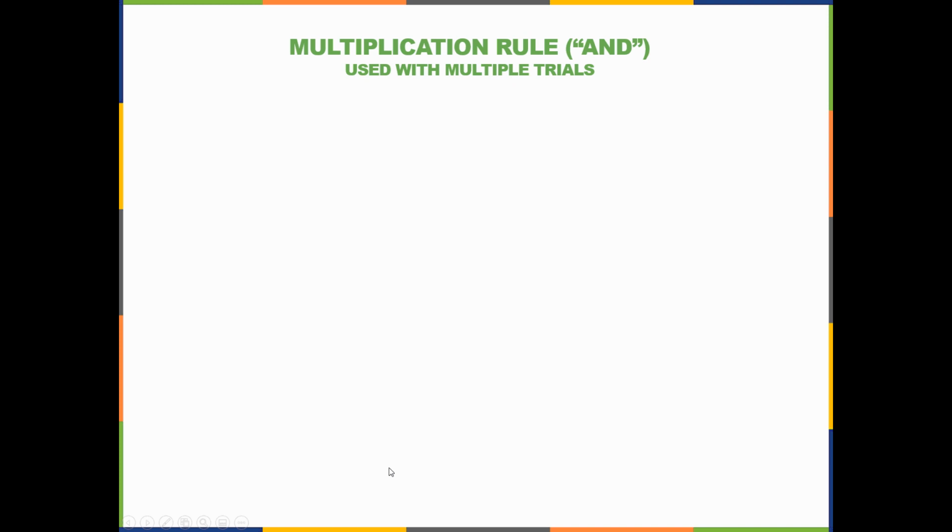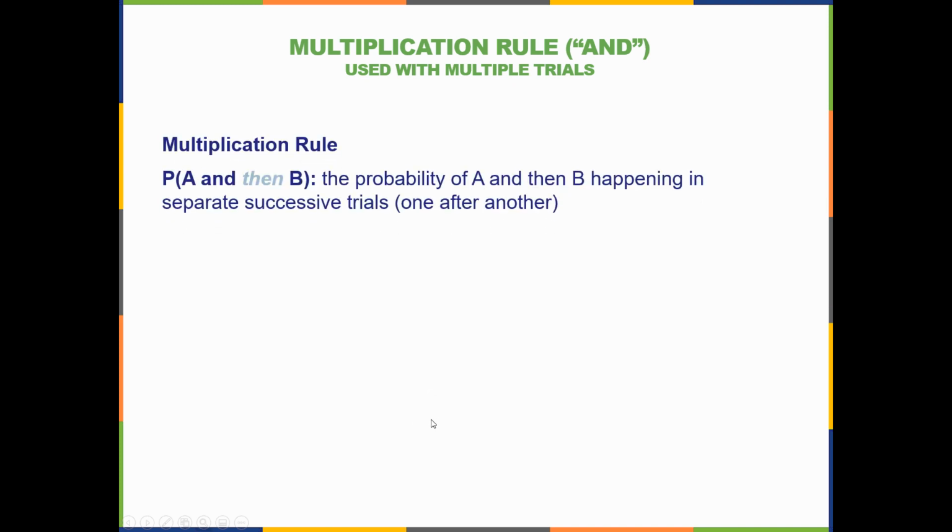In this video, we'll go over a multiplication rule. We use the multiplication rule with multiple trials, and it's often referred to as the AND rule because we see the word AND in these types of problems, or you can reword the problem with the word AND, except for the fact that you need to pay attention to whether we mean AND as in both things happening once together in the same trial, or do we mean that we're doing multiple trials and the word AND actually means AND then?